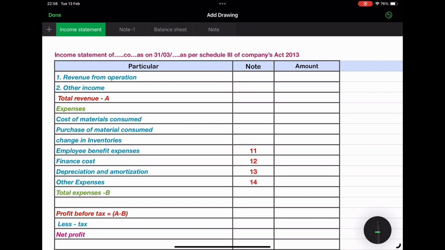See here, in the format we are going to write revenue from operations. Revenue from operations is nothing but sales minus cost of goods sold. Got it?